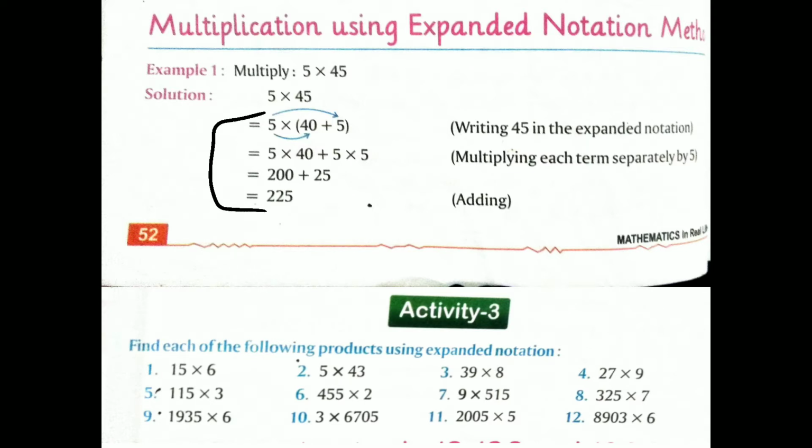The number which is present outside, you have to multiply with the numbers which are present inside. Means 5 you have to multiply with 40 and with 5 also. 5 40s are 200 and 5 5s are 25. Add them, answer will be 225. Clear? This thing only we do. Expanded means expand the one number which is the biggest one. Clear? So let's start doing activity 3, question 1.